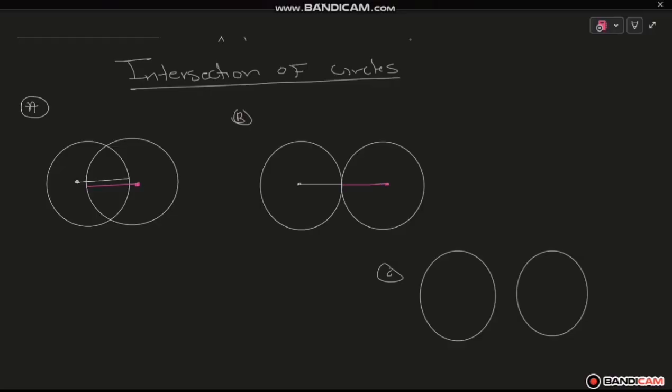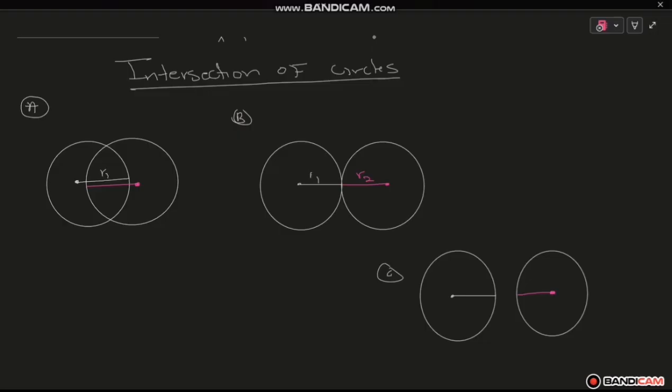In option B, let me do the same thing with these ones here. This is the radius, and this is also the radius. This is R2, and this is R1.